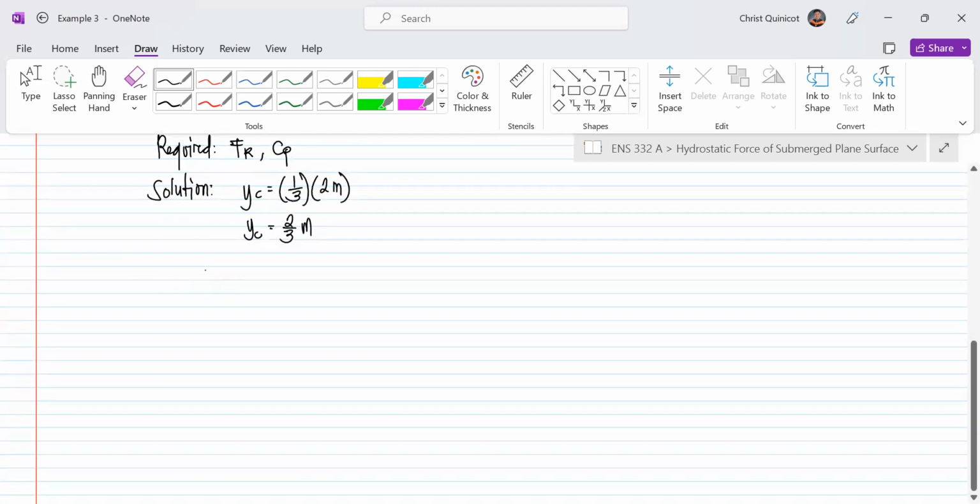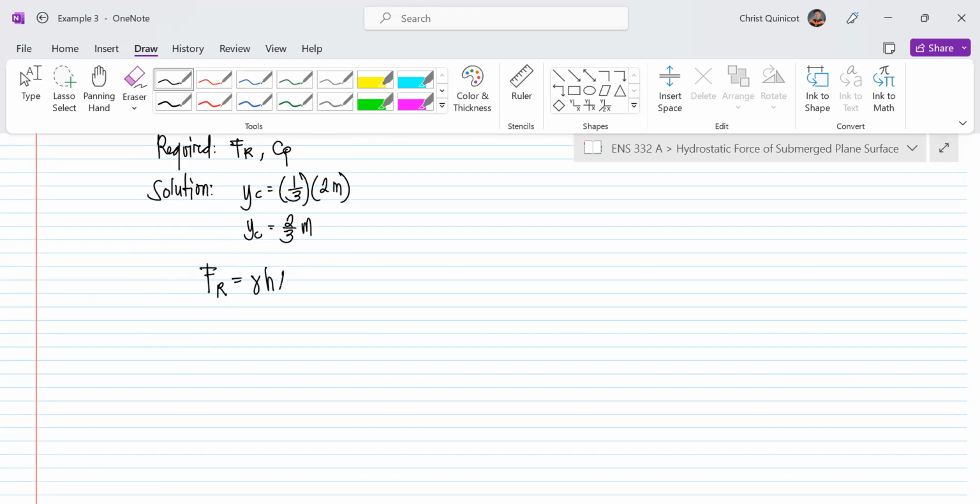So for our F sub R, the magnitude of our resultant force, that is gamma times y sub c, or in some books they use h, so let us stick with what is conventional.